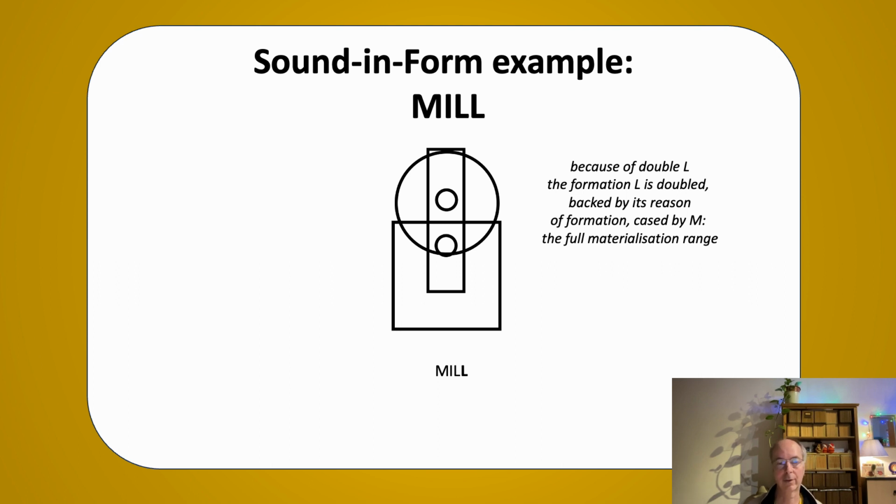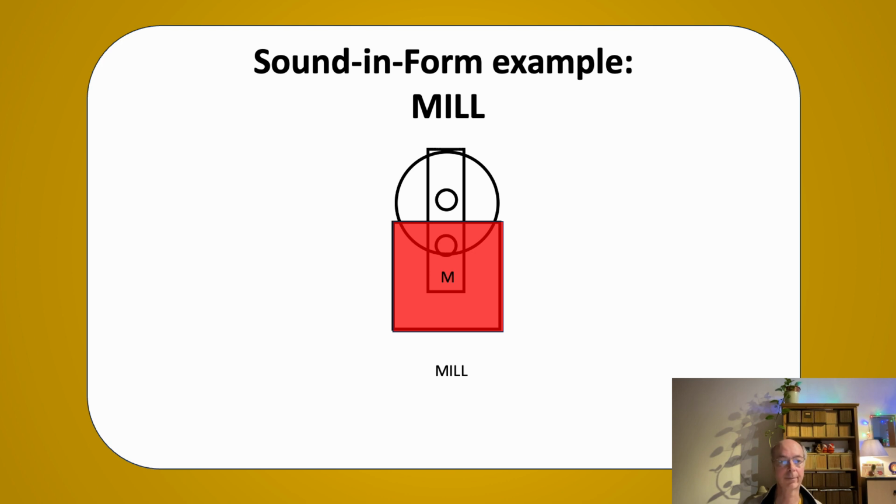Compared to the M, as you can see here, the E is the first impulse, the L is the partial growing out of a part, and then here I have the middle. Let's say this is the ill part for the mill.